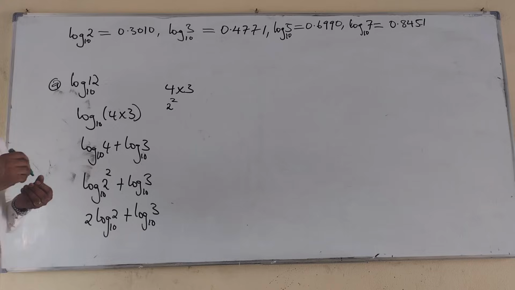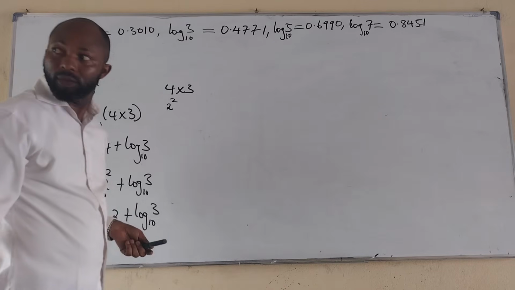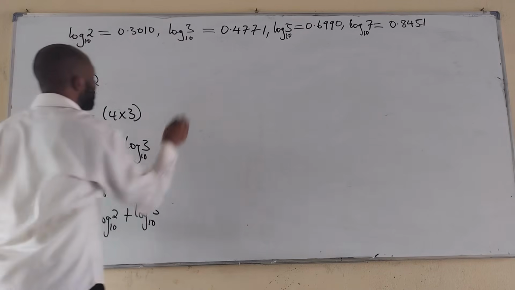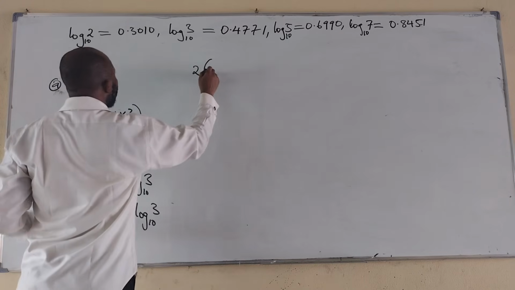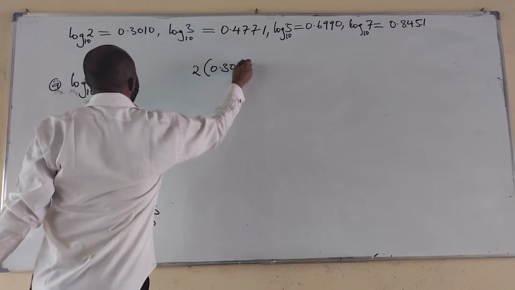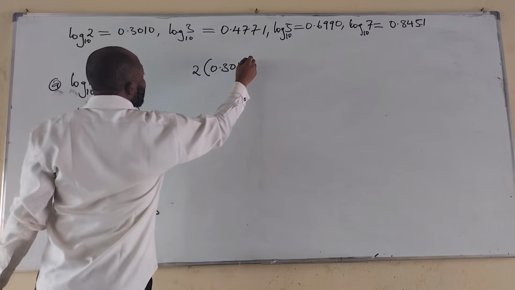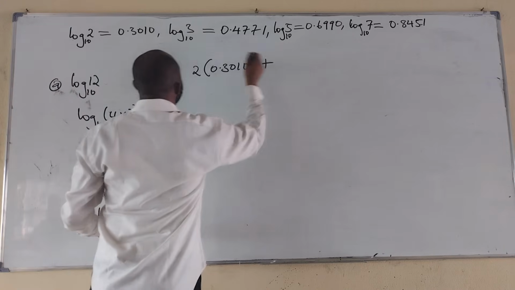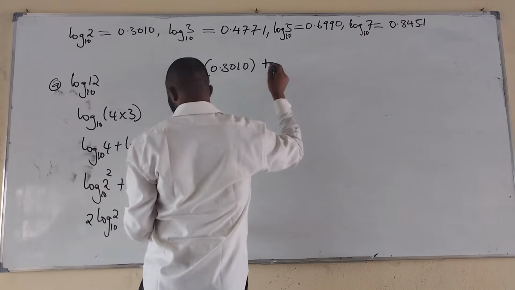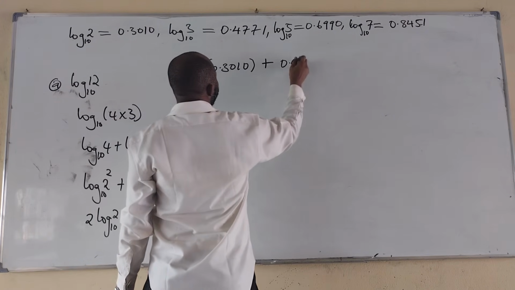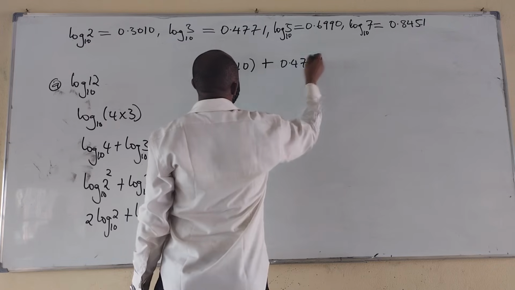Now 2 times log 2, which is 0.3010, plus log 3, which is 0.4771.